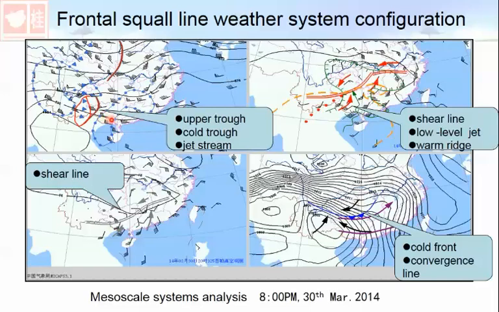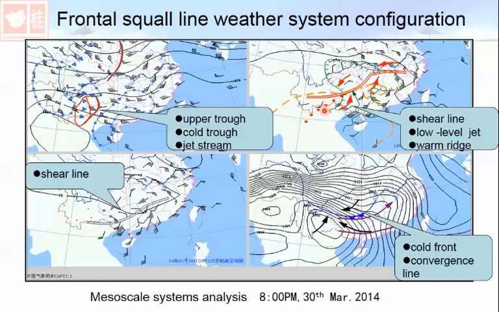The positive vorticity advection in front of the upper trough also provides dynamic conditions for the development of the lower layer system.